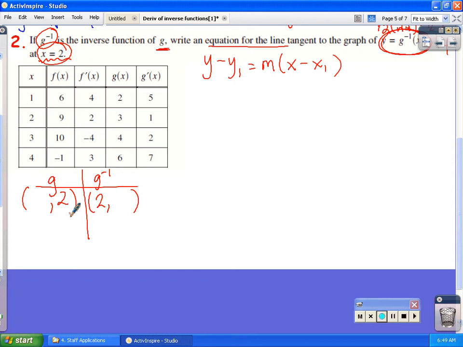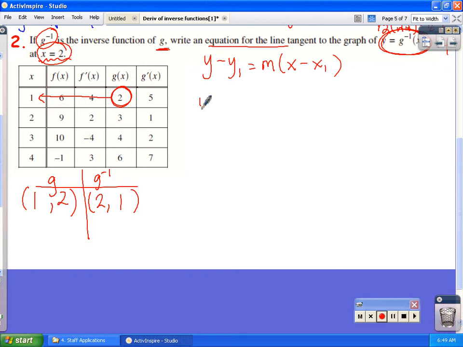My chart does have information about g, and notice in the chart, when 2 is a y value on g, the x value is 1. So that tells me that on the inverse function, if on the original function I have the point (1, 2), on the inverse function I have the point (2, 1).